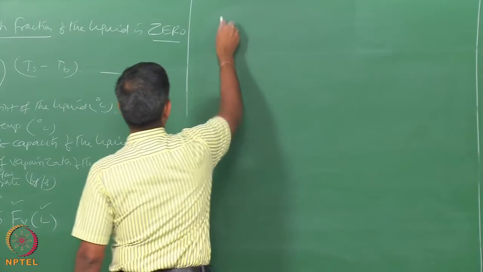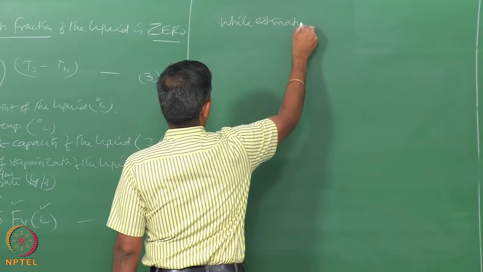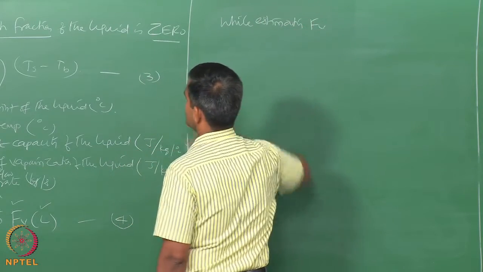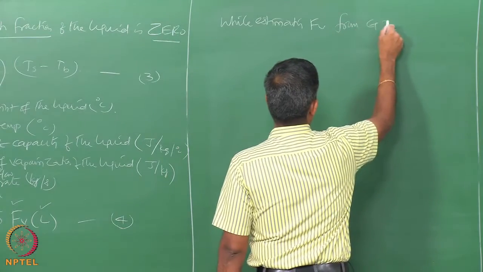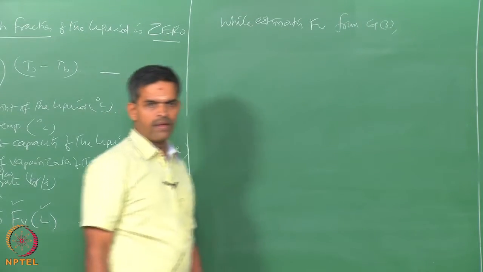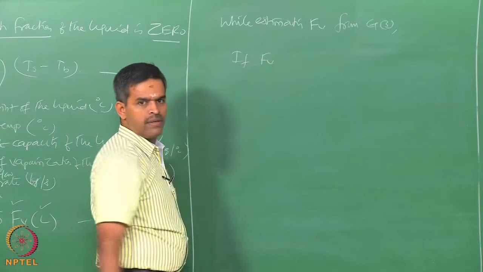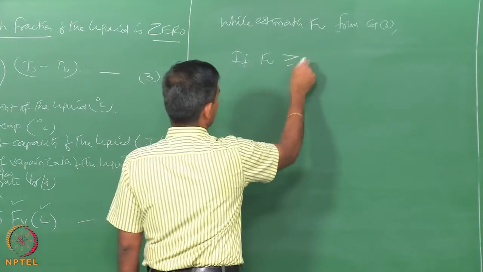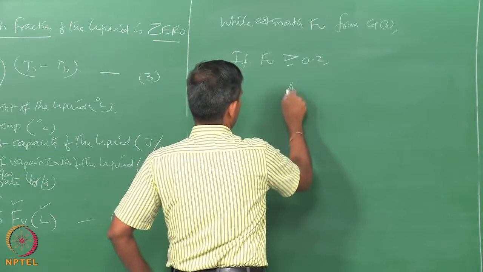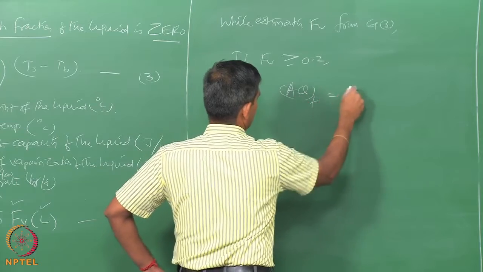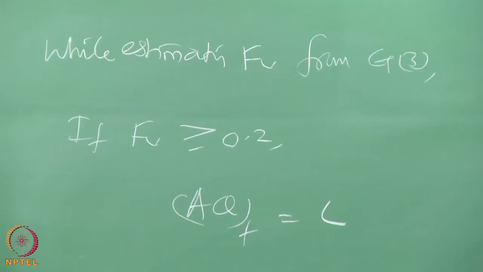While estimating Fv from equation 3, that is the flash fraction from equation 3, if Fv is more than or equal to 0.2, then one can say AQ of flash will be straightaway equal to the total liquid flow rate itself.